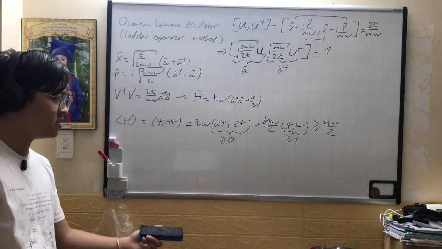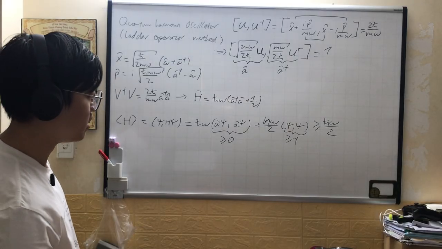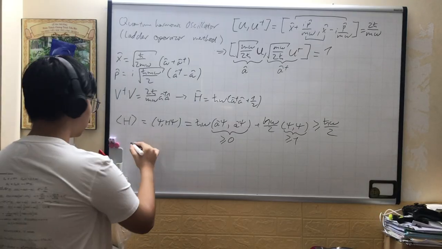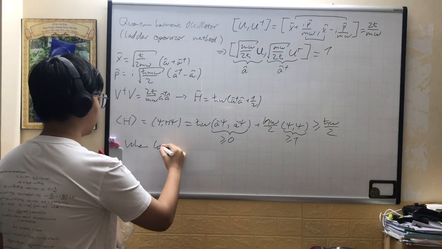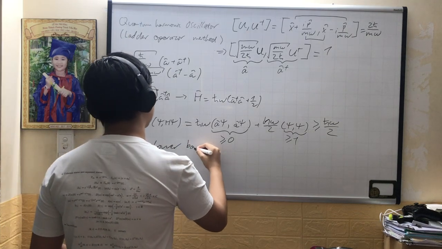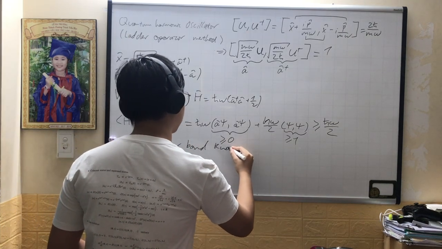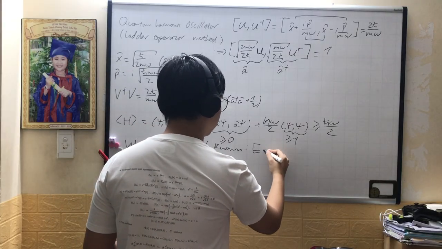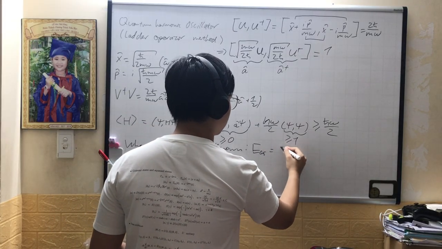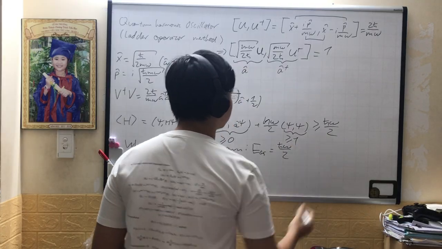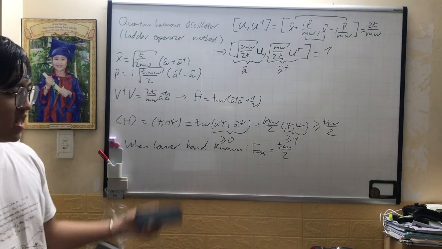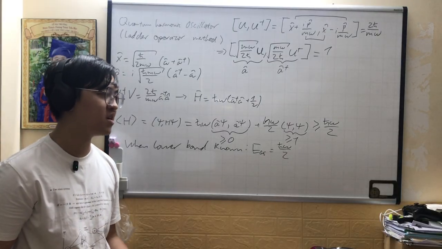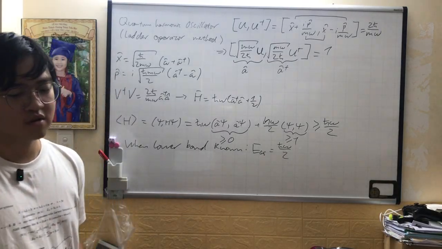Right, so we got our inequality, and when the lower bound is known, that would result in your ground state energy equal to h bar omega over 2. And that is exactly the same as the number method that we did in the last 2 videos.